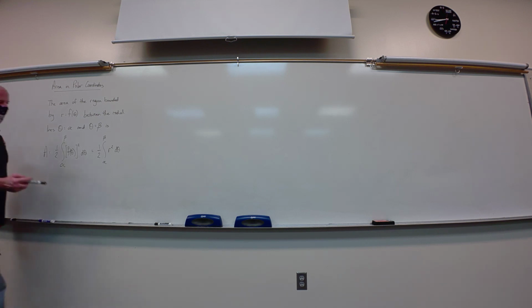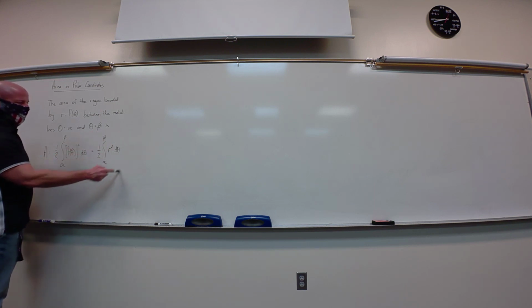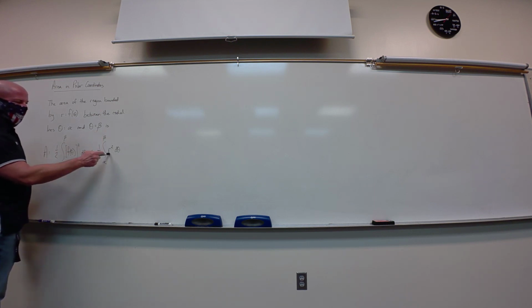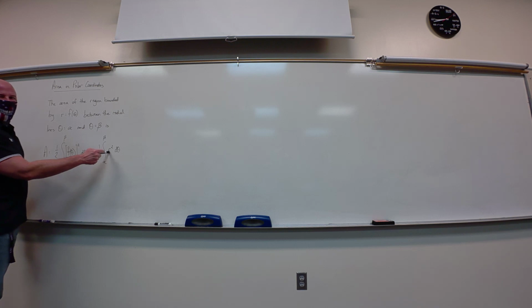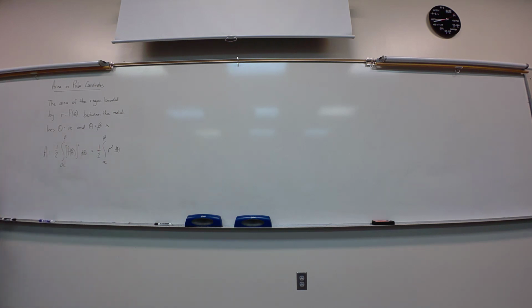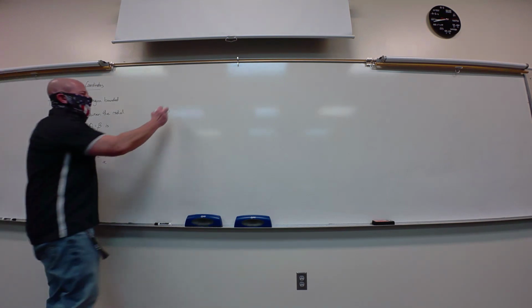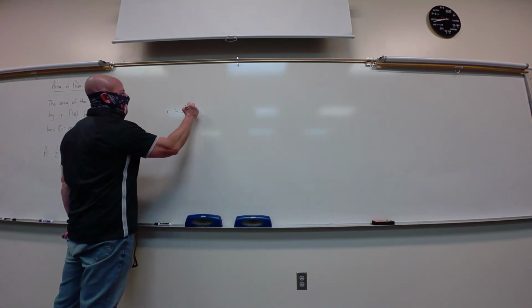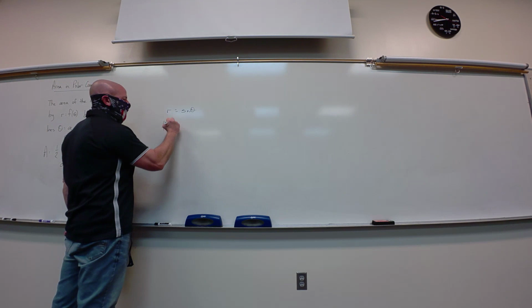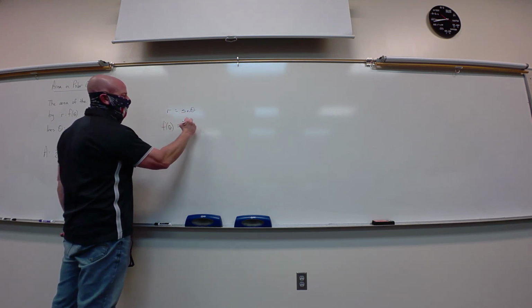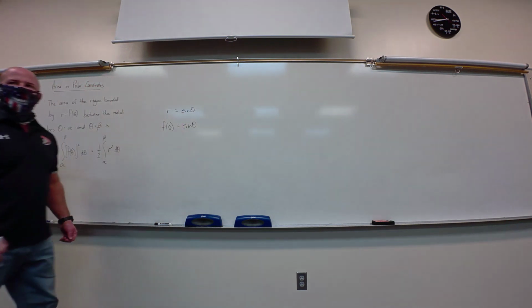Most of the time, we'll see it used like this with r, because typically our polar form, we see it as r equals. But remember that if we had something like r equals sine theta, that is the same as using function notation, f of theta, sine theta.